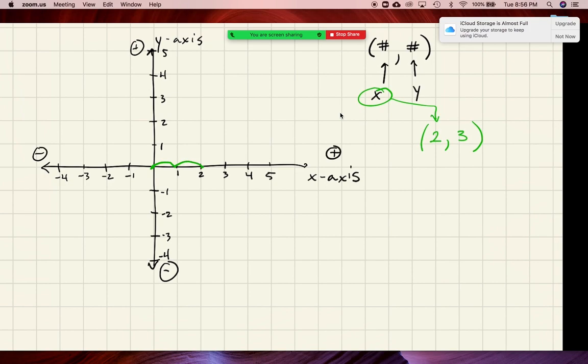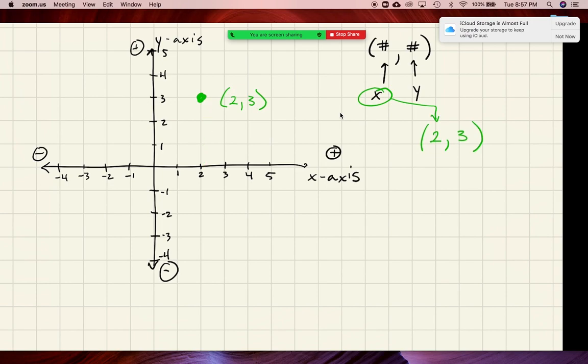I don't draw a point yet because I have to finish with my y coordinate. That's positive 3, so I go up 3. From here, I go 1, 2, 3, and that's my point. So this is 2, 3: over 2 on the x, and then up 3 on the y.